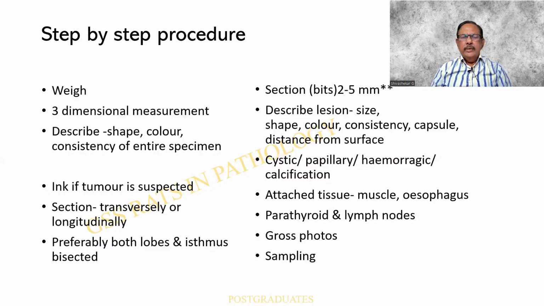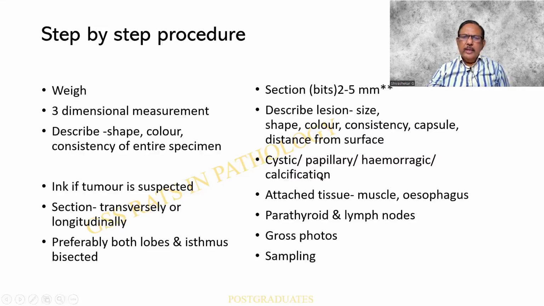Some books say that sectioning has to be at a frequency of every 5 millimeters, whereas others are more generous. They say that as and where you judge it is correct, depending on various things. If there is a variation in color, consistency, etc., that has to be sampled. Distance from the capsule matters. Remember, there are two capsules: one is the capsule of the thyroid, and two, the capsule of the nodule.